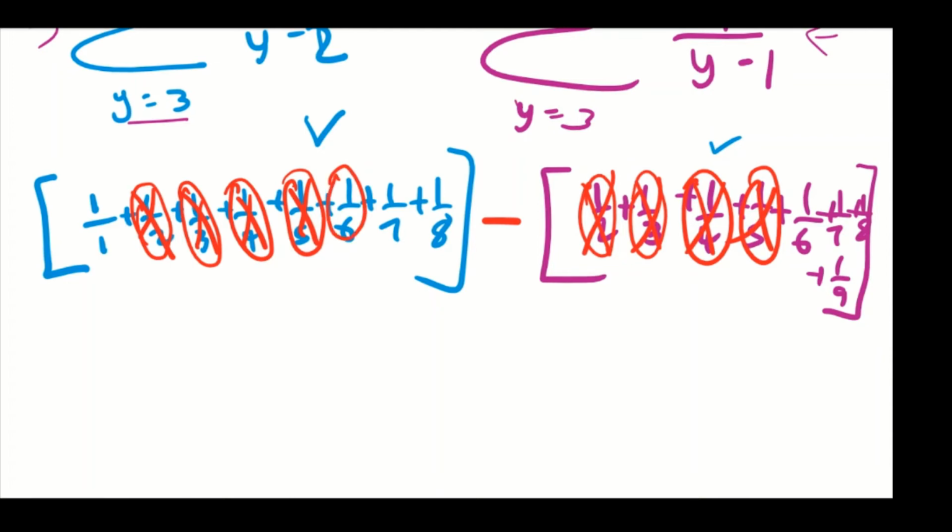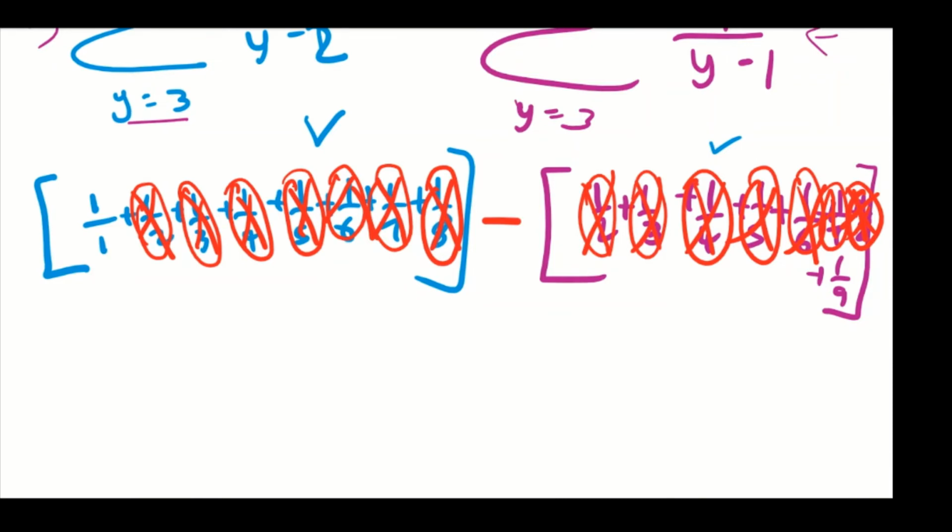We have 1 over 6 subtracting 1 over 6, cancel out. 1 over 7 subtracting 1 over 7, so you also cancel out. 1 over 8 subtracting this 1 over 8, so you cancel out. So what remains?